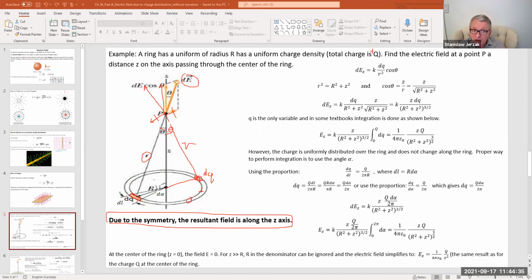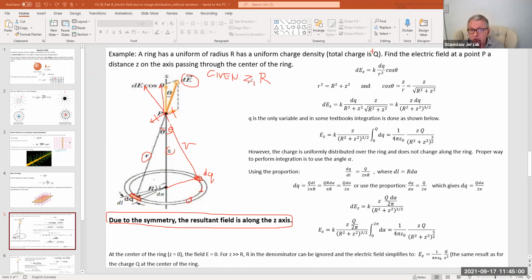But I did not give you the value of lowercase r or angle theta. I just gave you the radius of the ring and the Z value. So what is given is very important. I should have maybe written that given in this question are Z, capital R, and of course physics constants like epsilon 0.